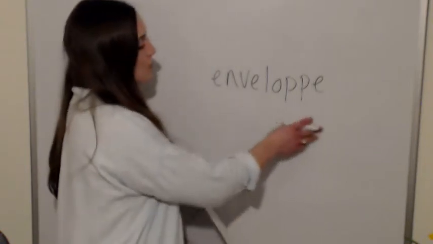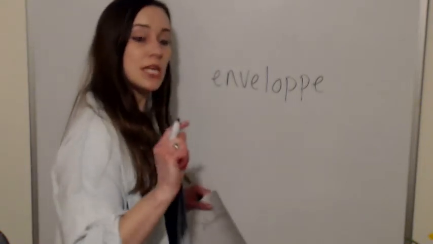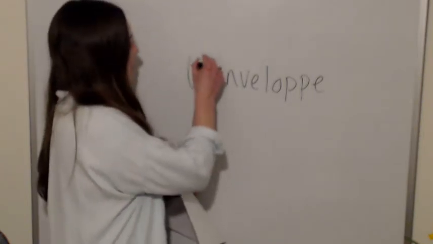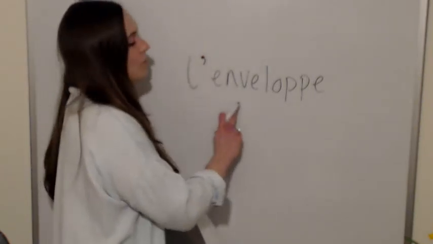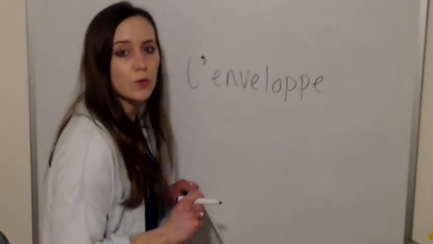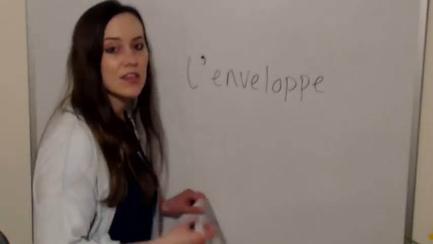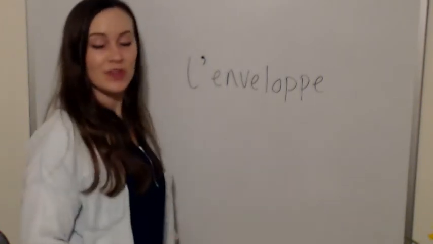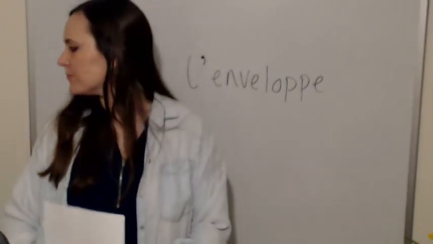But if you're confronted with a word like this and you want to put the in front of it, en français, we just use an L apostrophe. L'enveloppe, because it's easier to say than la enveloppe. L'enveloppe, the envelope. Do I have one here just to show you what I mean?